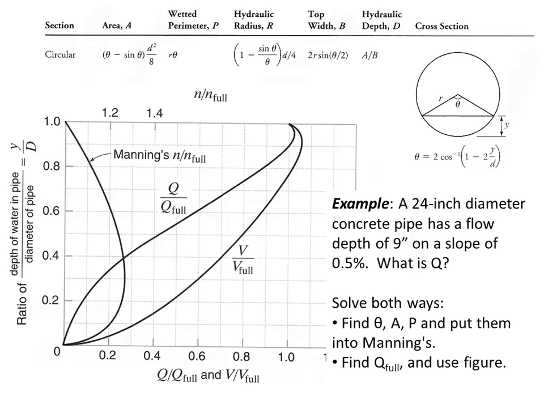Look up the Q to Q full. And then as a last step, multiply Q to Q full ratio by Q full from step 1.